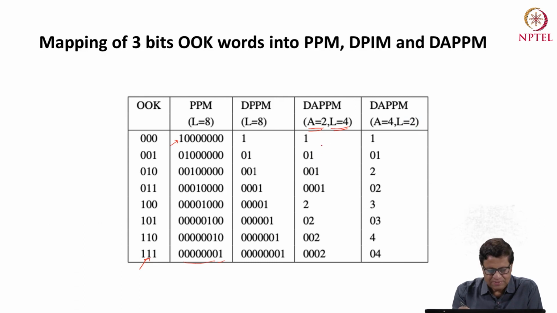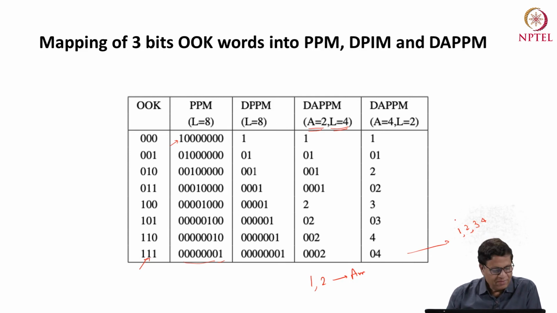So these are the values, and the 1 and 2 are the amplitudes in this case, and in this case there are more amplitudes, there are 4. So these are the waveforms which will look like for different modulation schemes, PPM, DPPM and DAPPM of 2 different varieties.